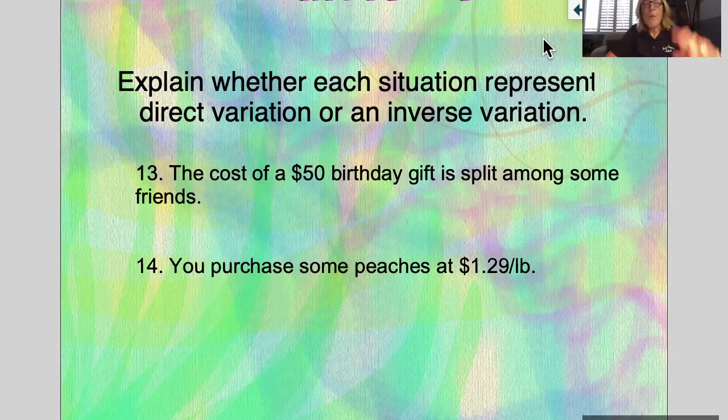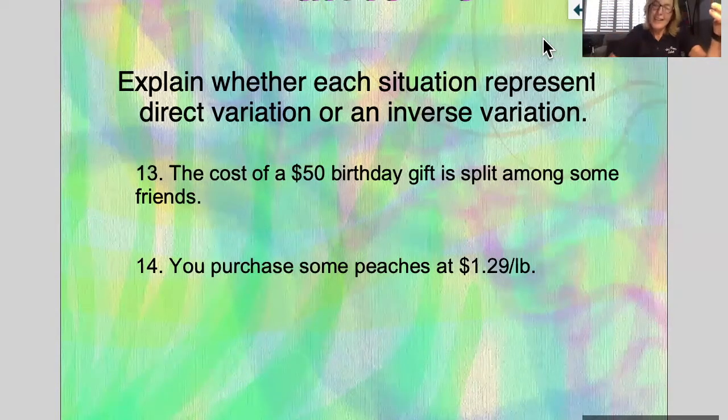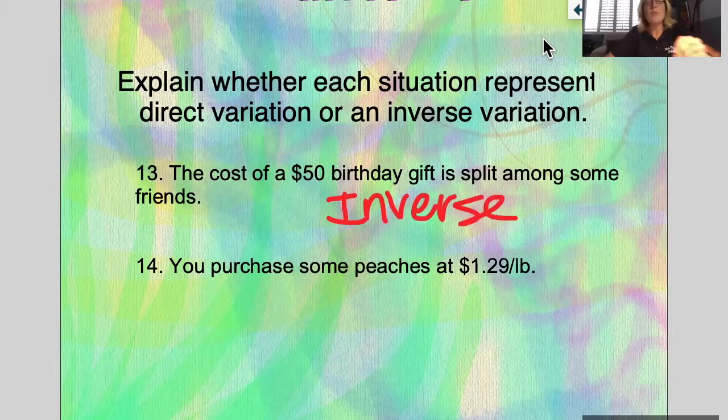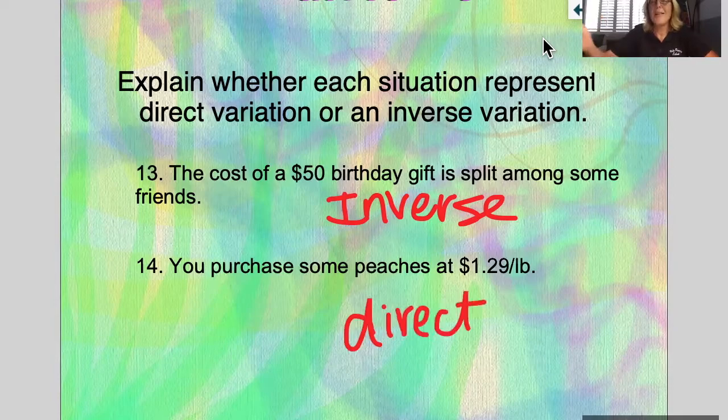But if more friends contributed, that means everybody would pay less. So they are varying inversely with one another. So this would be an inverse variation. Now, you purchase peaches at $1.29 a pound. That would be a direct variation because the more peaches you buy, the more it's going to cost you.